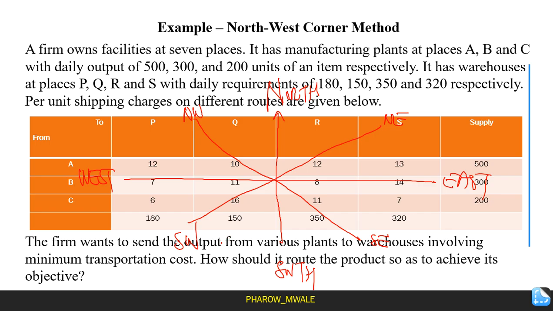So: southeast, southwest, northwest, northeast. You can put east and so on, but we don't care about that. We want to drive home a point that will help you understand what the northwest corner rule is. For our northwest corner rule, we are talking about this part here.